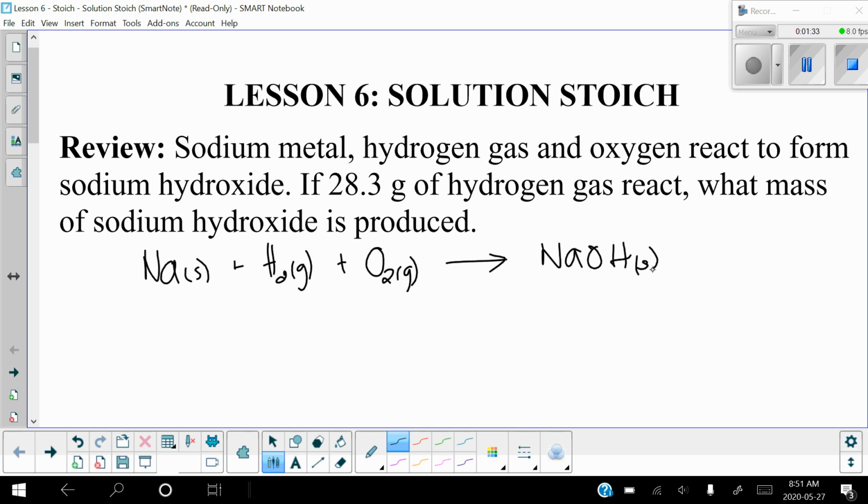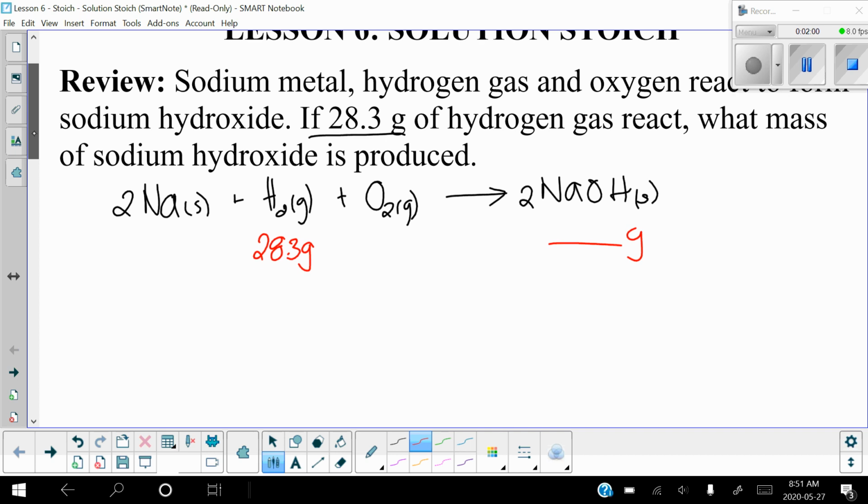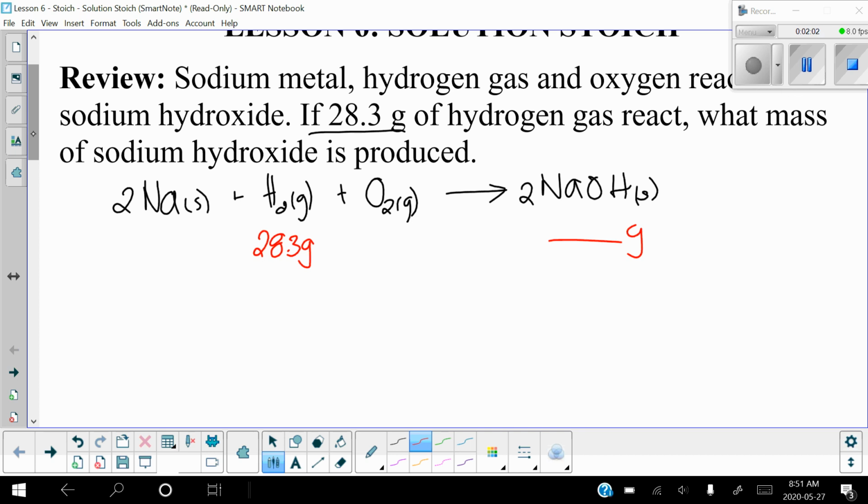And then let's balance this. So we're going to need 2 and 2. If 28.3 grams of hydrogen gas reacts, so let's list that here. What mass of sodium hydroxide is produced? So I'm going to leave some space underneath there, but I pretty much have everything that I need from my reaction.